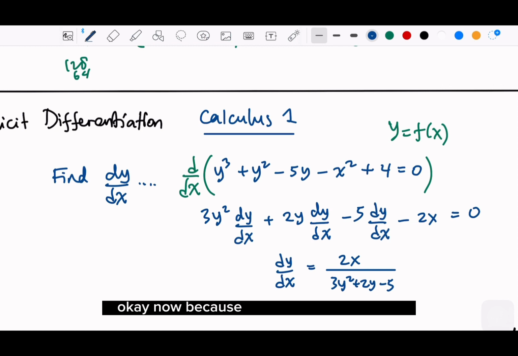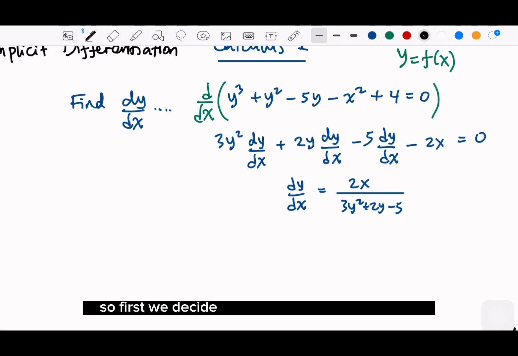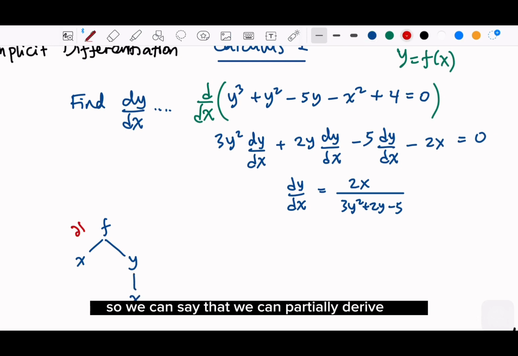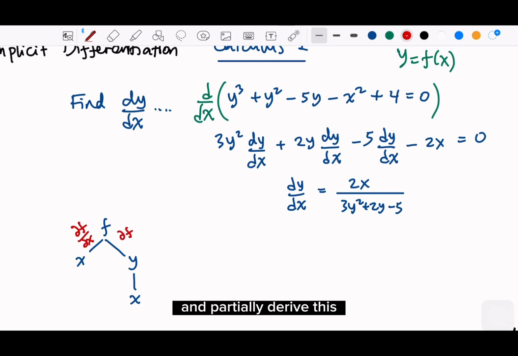Okay, now, because we know the chain rule using the tree diagram, we can just use the same thing to solve this. So let me just give you an idea here. First, we make the function f, and then make this f into two variables x and y. But x is just a single variable, so we stop x there, but y has another variable x. So we can partially differentiate this and partially differentiate this.